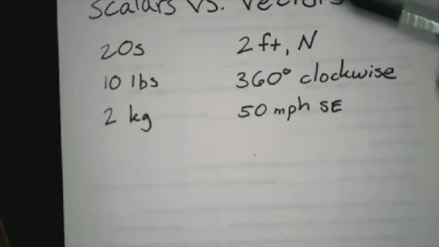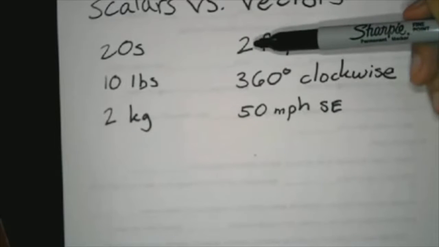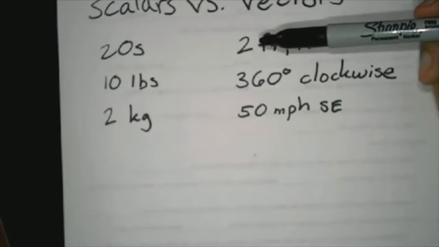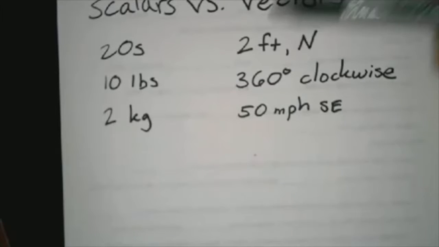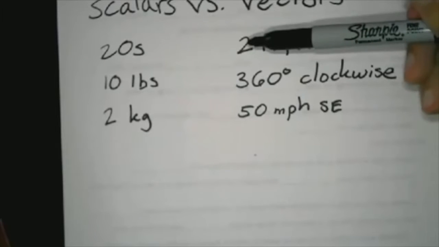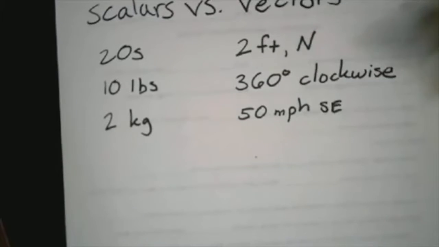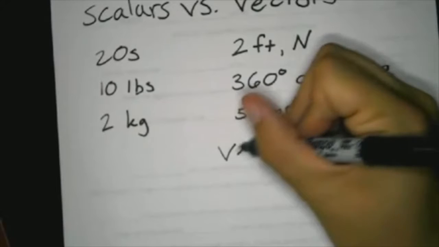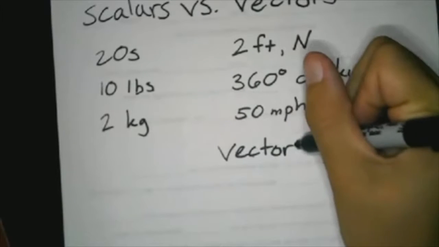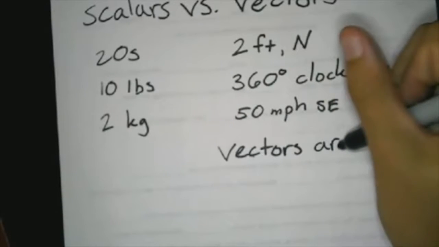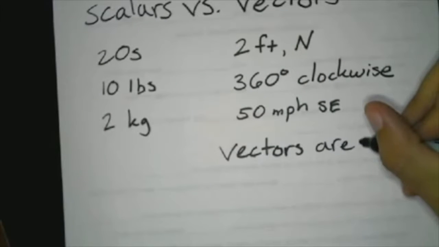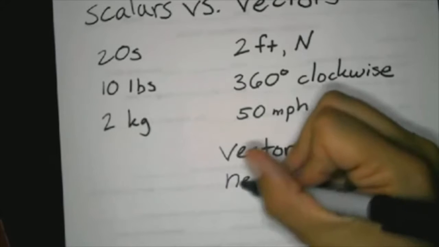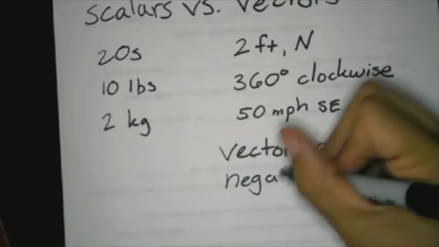The first part is called magnitude. It can be positive or 0. It can't be negative. So vectors are never negative.